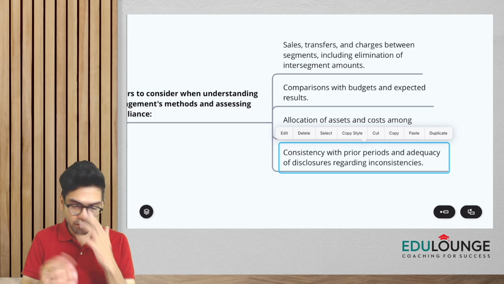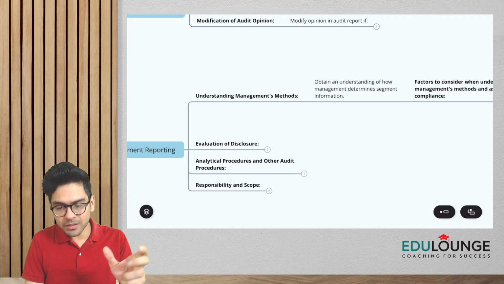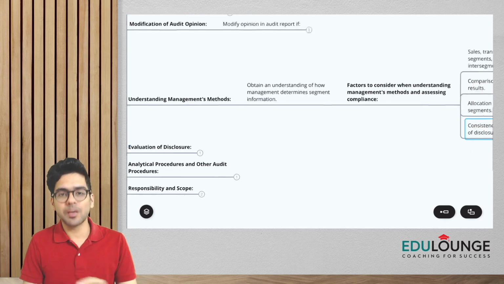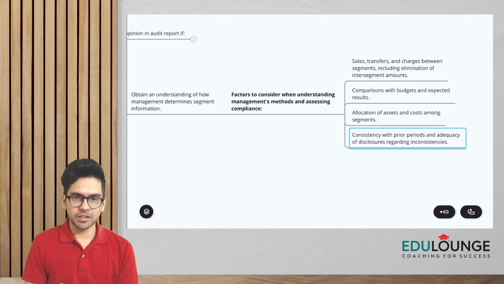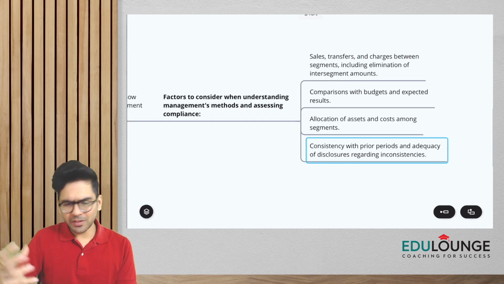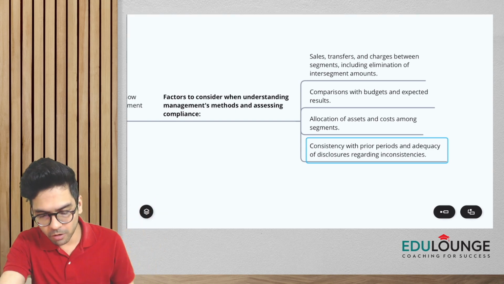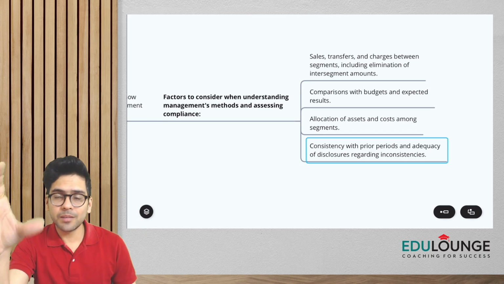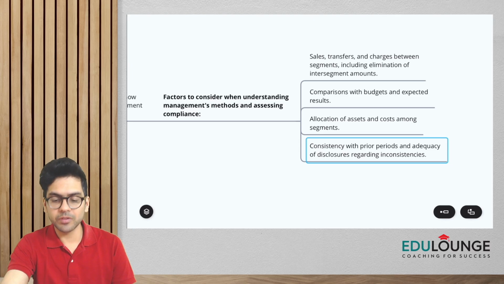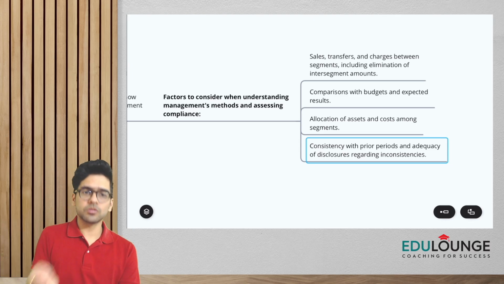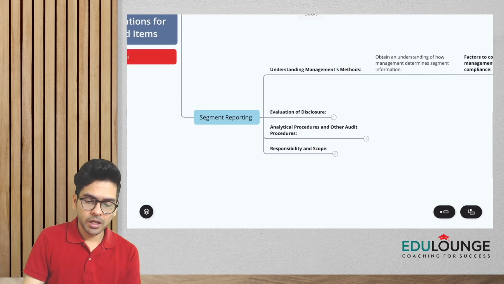So you have to obtain an understanding of how management determines the segment information, and these are the things you have to take into consideration. With respect to sales, transfers and charges between the segments, see whether there is elimination of profit or not. You can compare the information with the budgets and the expected results. Then check consistency with the prior period information, whether there is consistency or not.